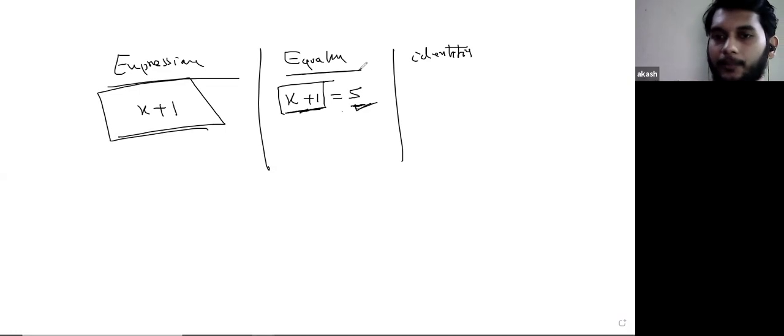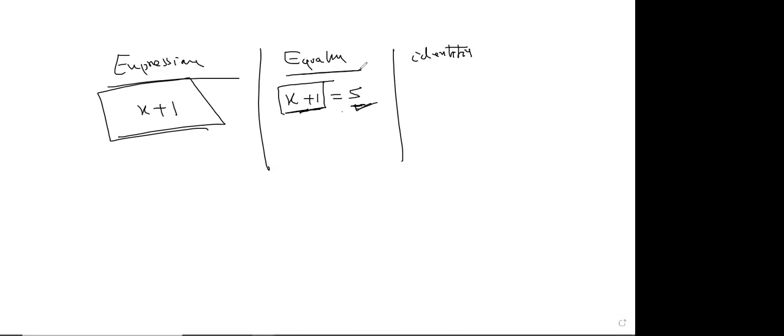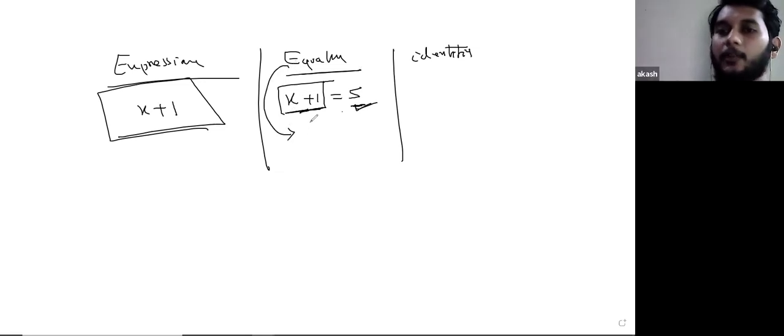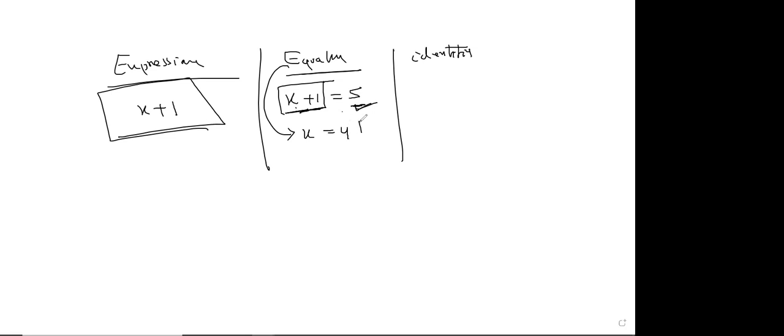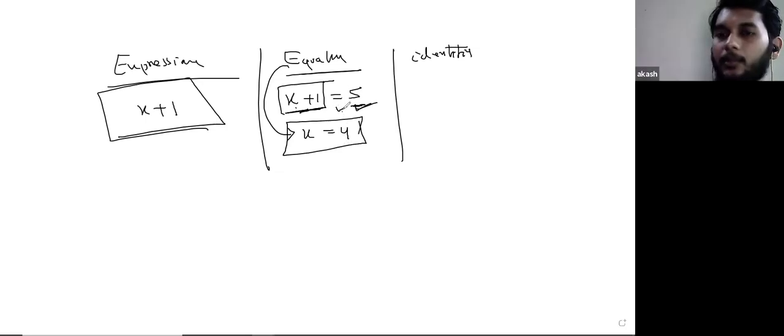This thing is clear? Yes. And in these equations, you get a specific value of x, right? From here, we get x equals to, what is the value of x here? 4. Absolutely right.